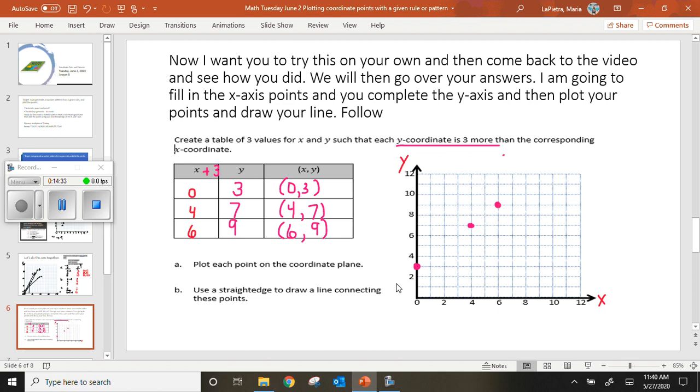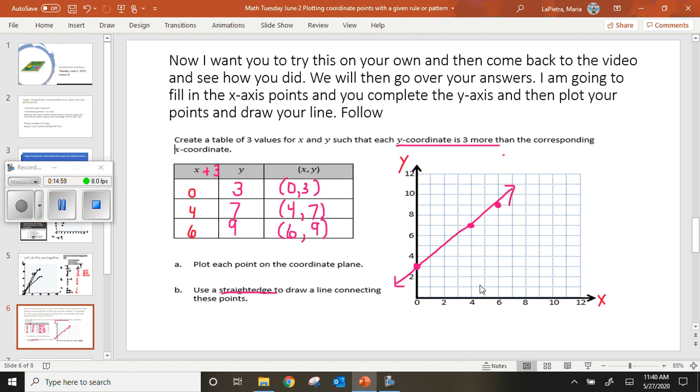And then you're going to draw your nice straight line that Miss Ella is going to try to attempt. Should actually go through it a little bit better than that. Okay. It should go through the points. Because it says use a straight edge to draw a line connecting these points.